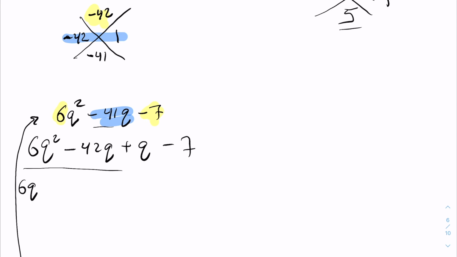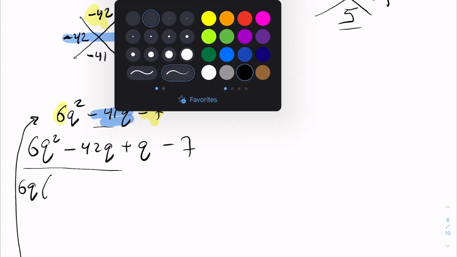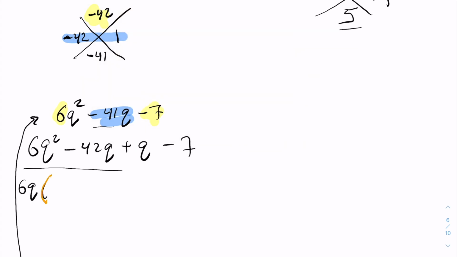6q, well then factor out 6q. I guess I should use my color. I don't know if I need to for sure, but I'm going to do it. Creature of habit here. So this is q minus 7. We factored that out. Now I need a matching q minus 7. So what can factor out of the next binomial is a positive 1 times q is q, and positive 1 times the negative 7 is negative 7.